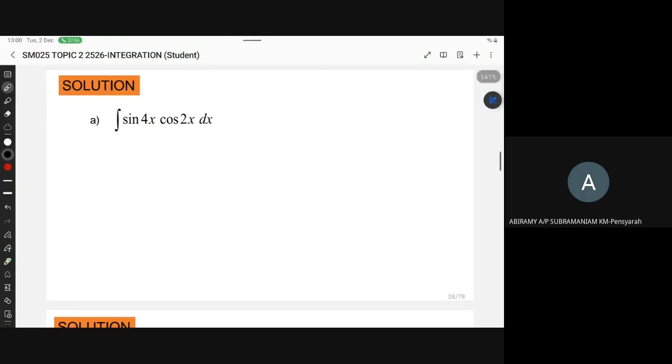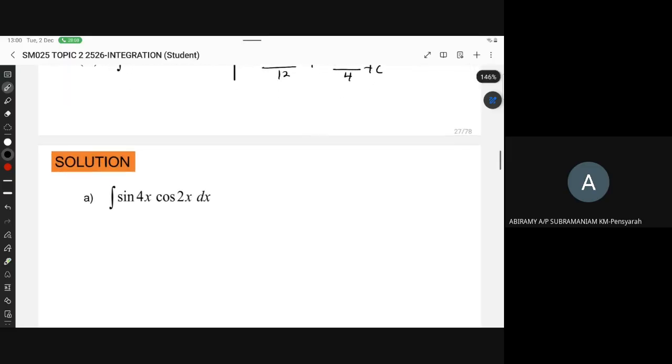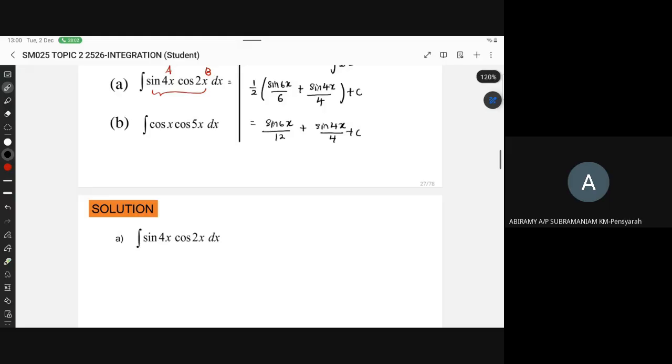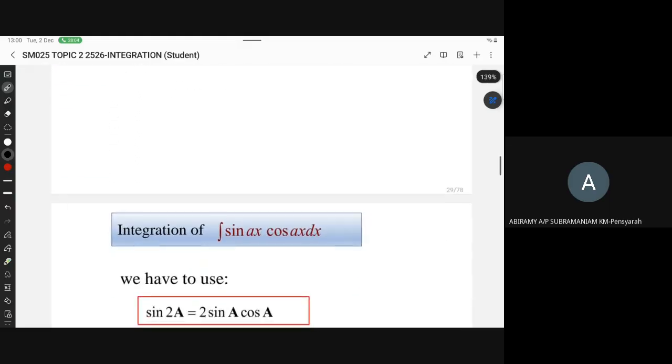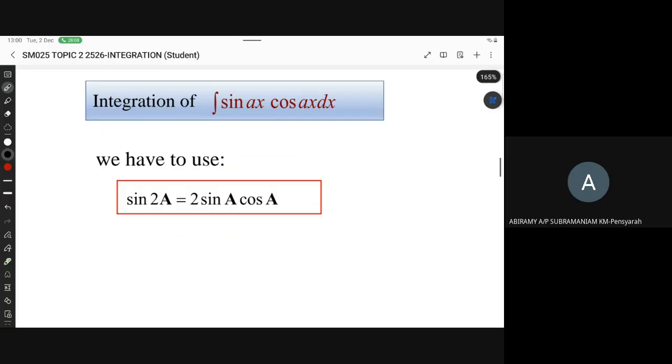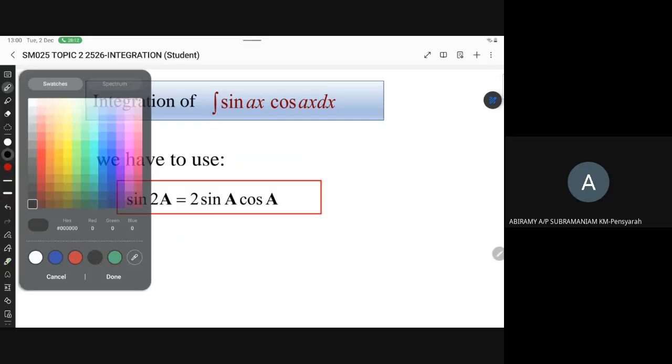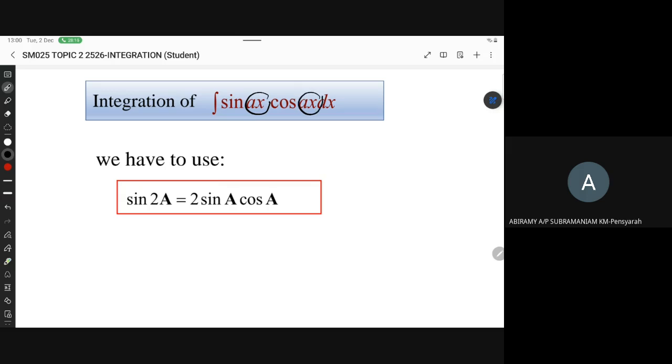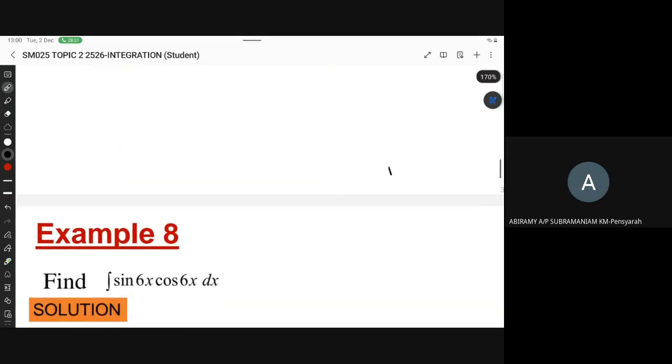Okay, so we have done sine 4x and cos 2x. Next, we are looking at the integration of also multiplication between sine and cos, where the sine and the cos have the same angle ax. So we can use the double angle formula where sine 2a is 2 sine a cos a.